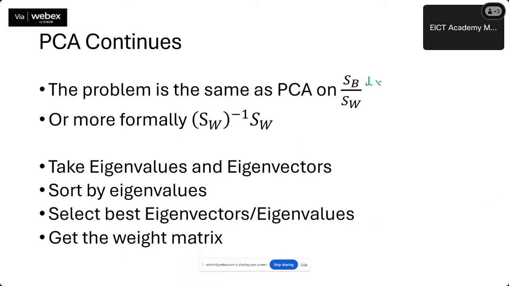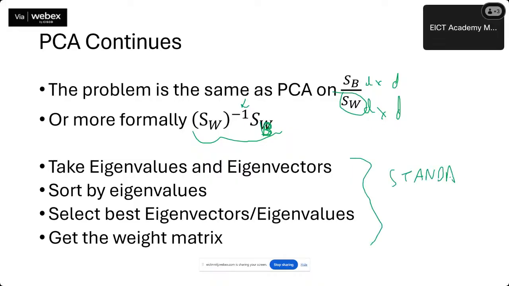This is a D cross D matrix, and this is a D cross D matrix. So more formally, it's written as matrix multiplication, where the denominator becomes the mathematical inverse, and the numerator, S_B, remains as it is. So I will just do the standard PCA thing. That is what a standard PCA is.